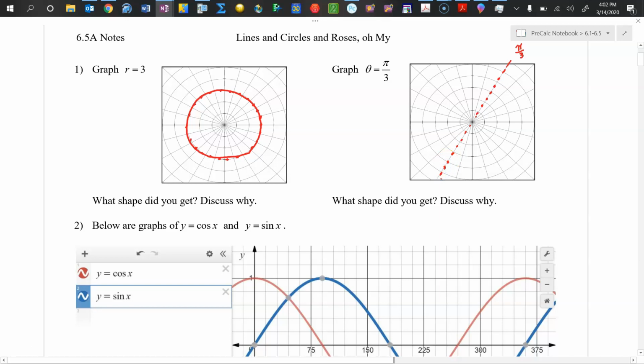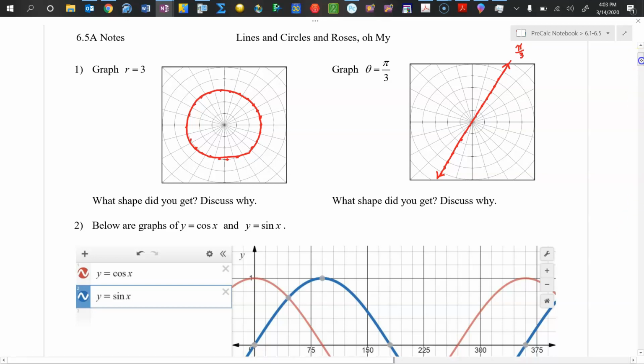Now you might be asking, what about the ones on the other side of the pole? You could say that those are a directed angle of pi over 3, but their directed distances are negative. So theta equals pi over 3 forms a line along the directed angle of pi over 3. So those are some simple ones.